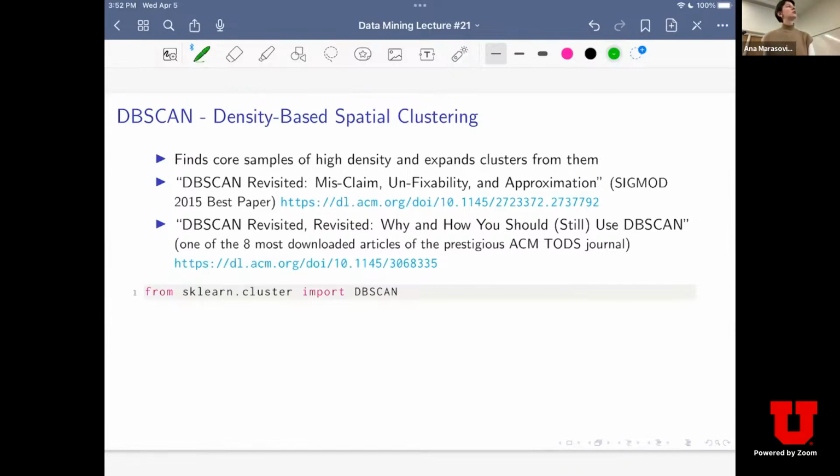And then in 2017, I believe, there was another paper called DBSCAN Revisited, Revisited: Why and How You Should Still Use DBSCAN. It's one of the 8 most downloaded articles of the prestigious journal. So it kind of tells you that it's a thing, right? It has its own issues, but it's a technique people like so much that it's earned the Best Paper Award and the most downloaded paper stats. It's also available in scikit-learn.